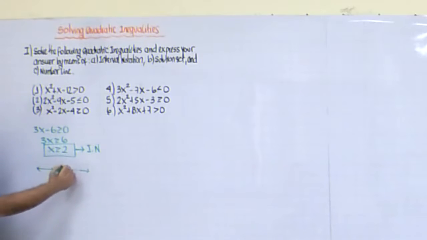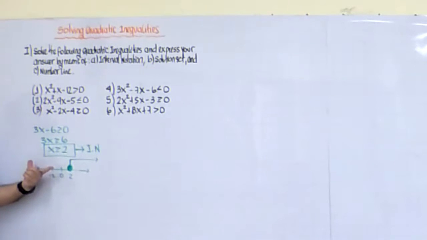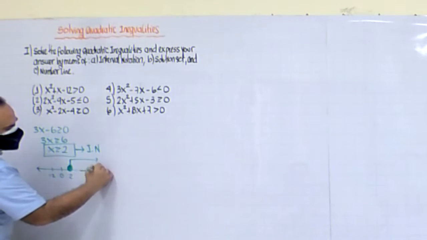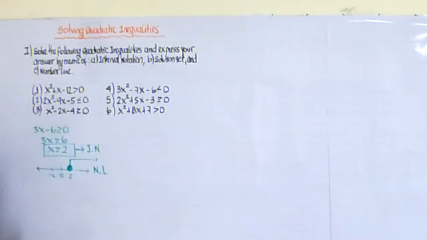If you really want to know what the graph will be, remember this is negative 2, 0, positive 2, right? Because we are including the equal sign, we draw the filled circle, and we draw the graph to the right side, because on the right side we include the numbers greater than or equal to 2. That was the number line.